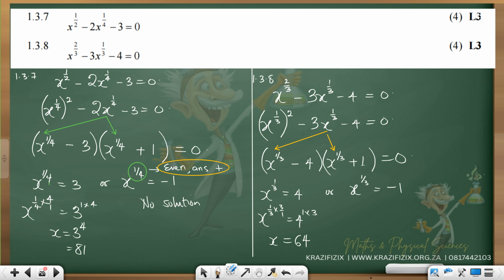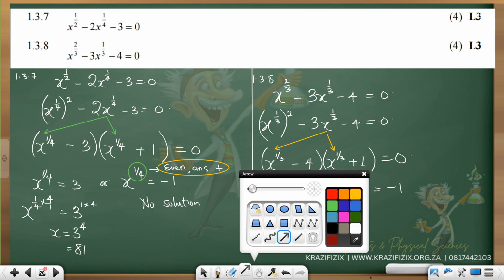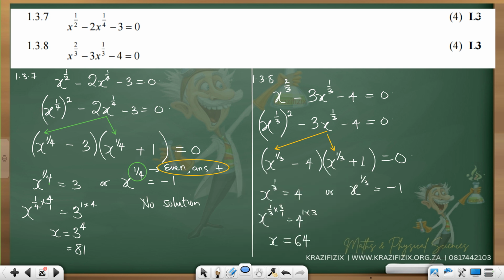What about this one? Look at the difference between these two. In fact, I love these questions. This one, do you notice, is an odd power, so the answer will either be a plus or a minus. So x to the power 1 over 3 times 3 over 1: negative 1 times 3, negative 1.